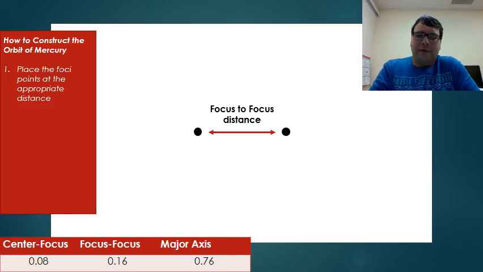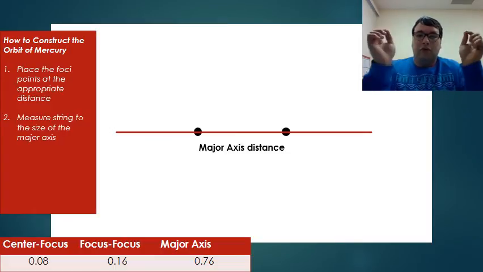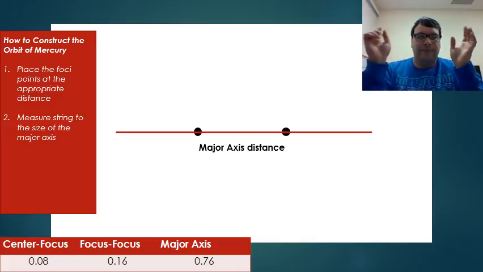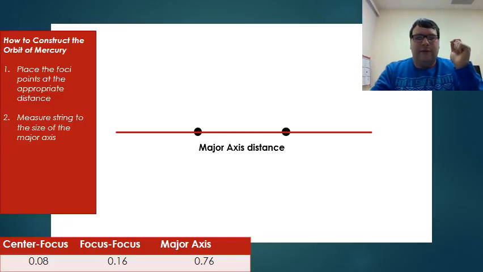Once you have this distance, we need to measure out the major axis using that string. So we're going to measure out a piece of string. You can cut it, you can just knot it off, tie it, whatever you're using. But use a little piece of string, measure it out to the major axis distance.